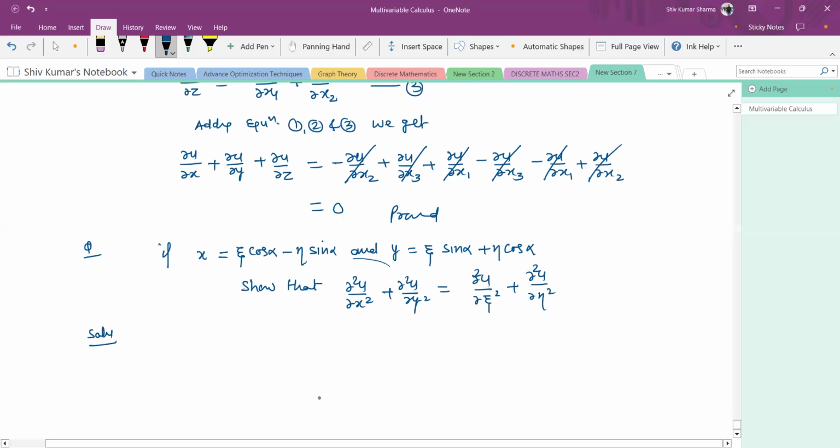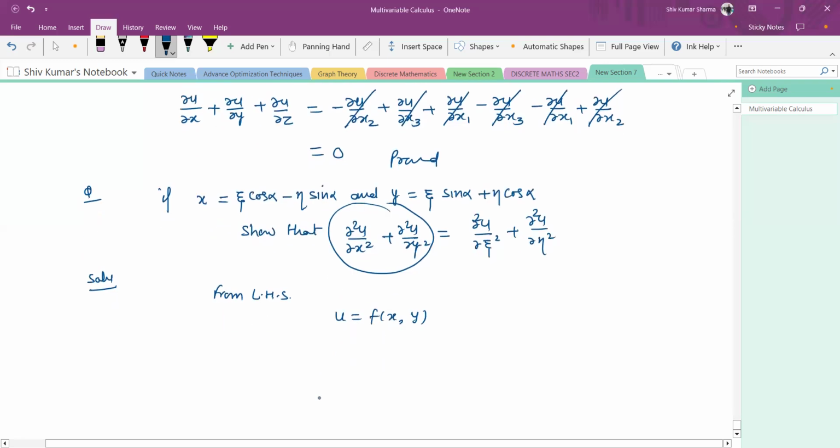So here in the LHS, we see that u is a function of x and y, because we are differentiating u with respect to x and with respect to y. And x is given as ξ cos α minus η sin α, and y is given as ξ sin α plus η cos α.